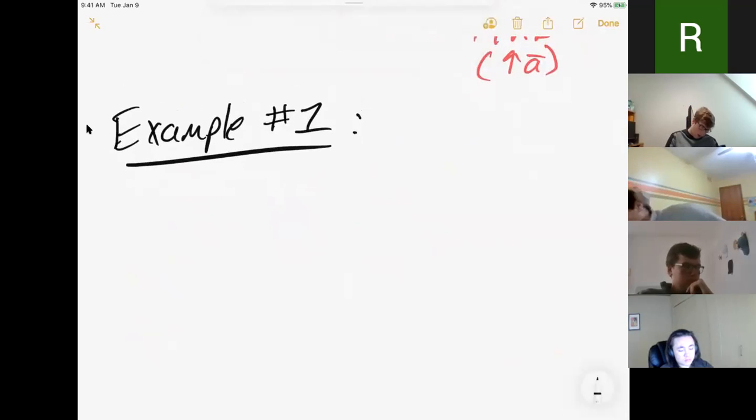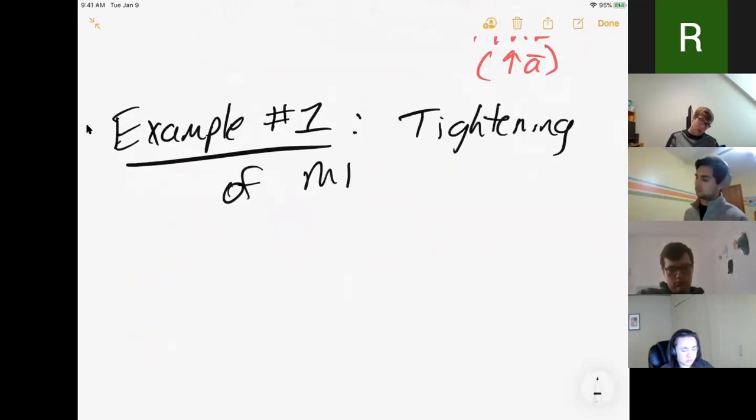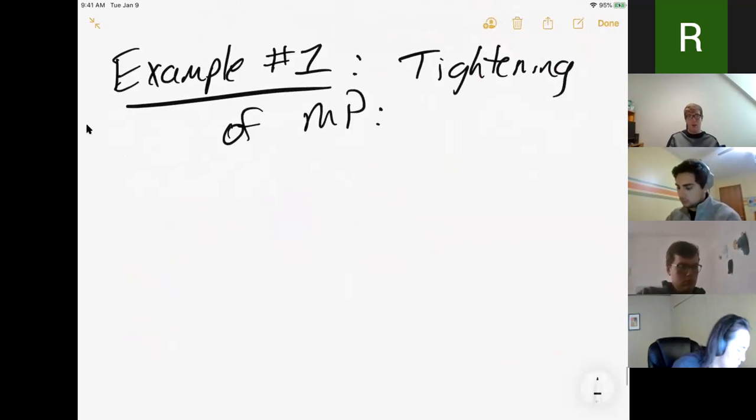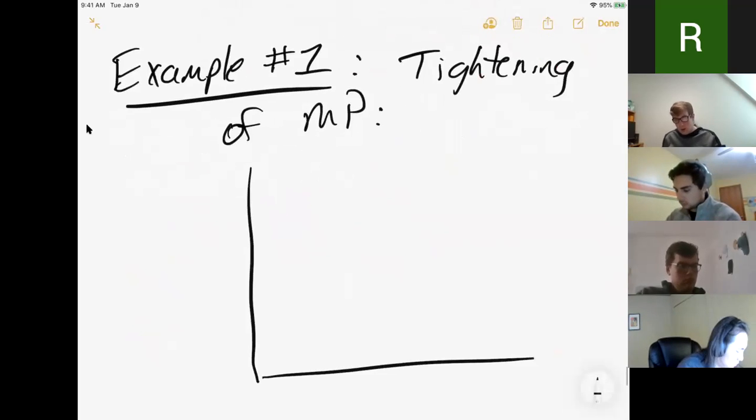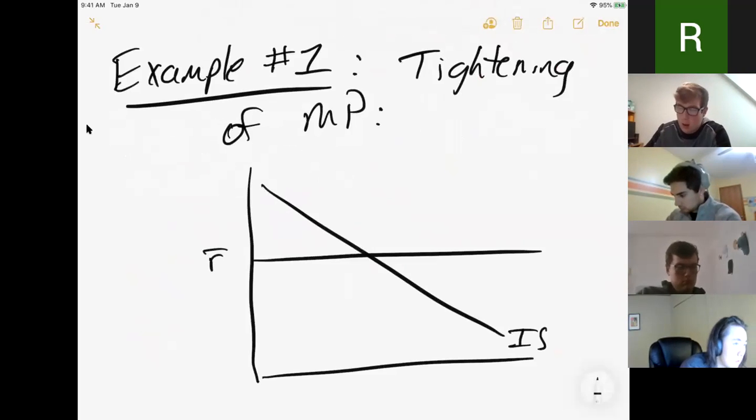How is, for instance, tightening monetary policy different in our model than it was before? Well, it's different because our IS curve looks different.